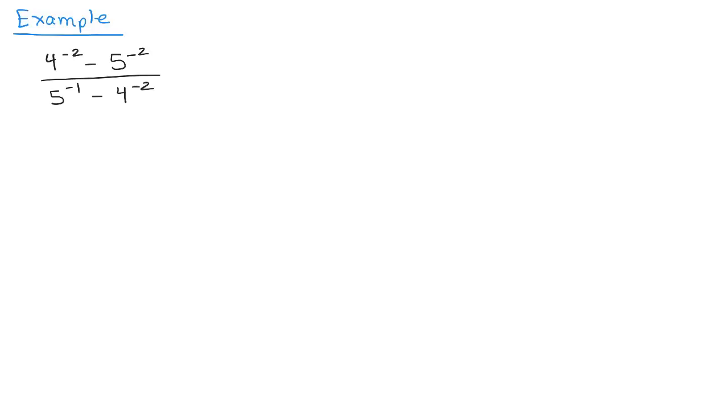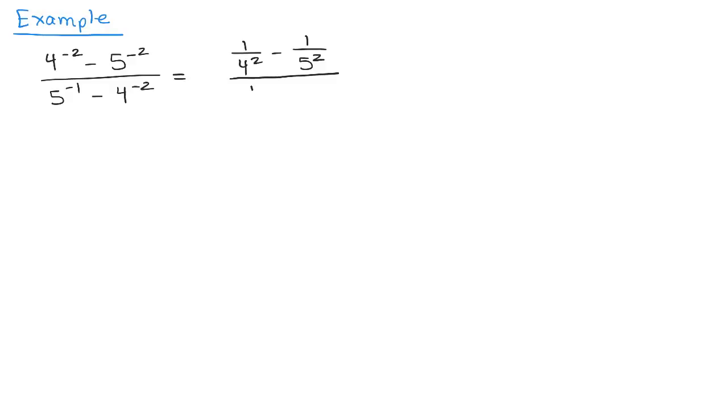In this example, at first you might not notice that it's a complex fraction, but there are negative exponents, so the first thing you need to do is rewrite those as fractions. So 4 to the negative 2 means 1 over 4 squared. 5 to the negative 2 means 1 over 5 squared.